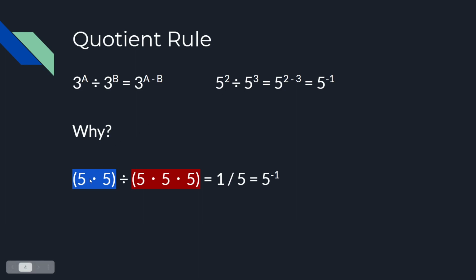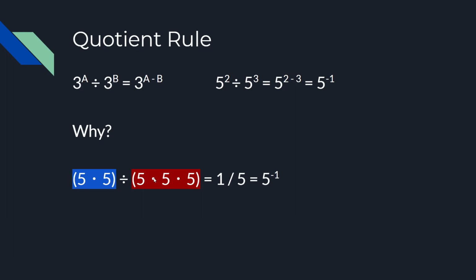All right, why? What we have here, 5 squared can be written as 5 times 5, and 5 to the third can be written as 5 times 5 times 5. And if you remember, say we have the number 1, and we multiply it by 2, and then divide it by 2. Well, we've gotten right back to 1. If you multiply a number by something, and then you divide by that same something, you get right back where you started.